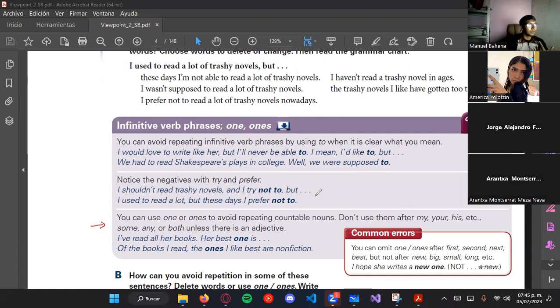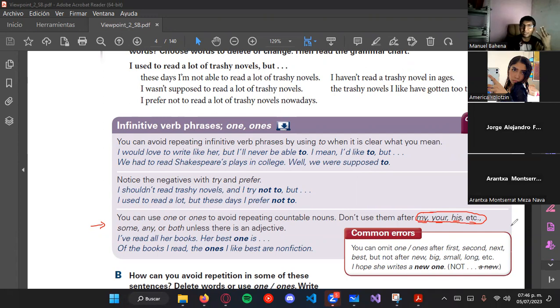Okay? So, and it says also, don't use them after my, your, his, etc. No los usen después de estos. ¿Qué son estos? What are these? My, your, his, etc. What are these? ¿Qué son? My, your, his.